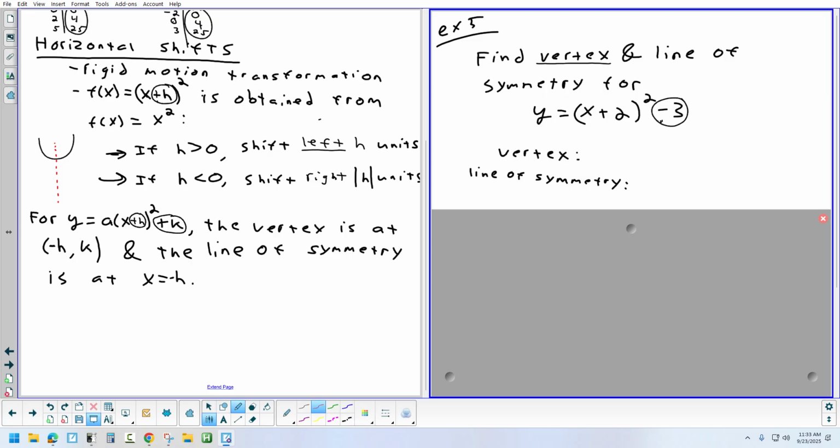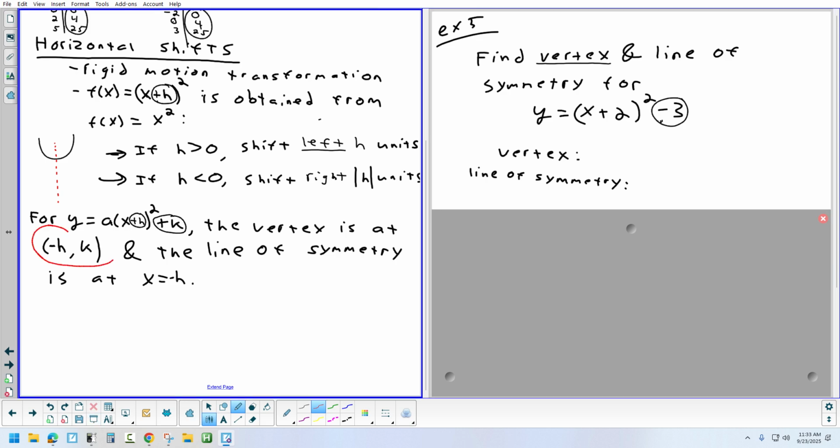Let's start with the vertex. If you're not sure, I'll show you another way you can think about it. But since I have the formula on the board, let's try to do it this way. What is the number inside the parentheses with the x? H. Okay, it represents h, and what is that number in this problem? Plus 2.